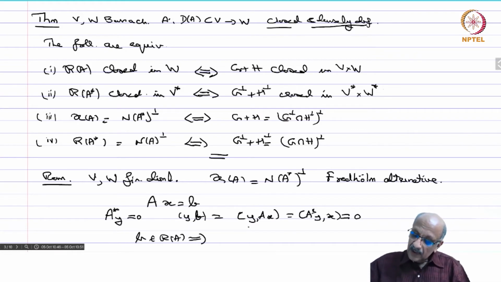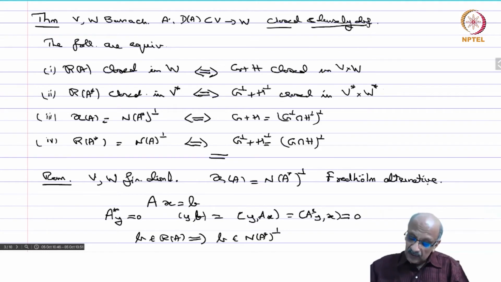this implies that B belongs to null space of A star perp. Okay, and then by a dimension argument you can show this, in fact it works both ways, and therefore you have this Fredholm alternative. So the annihilator of the kernel of the adjoint is precisely the range.